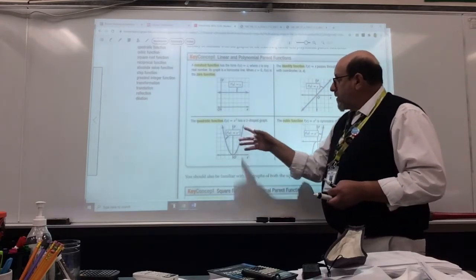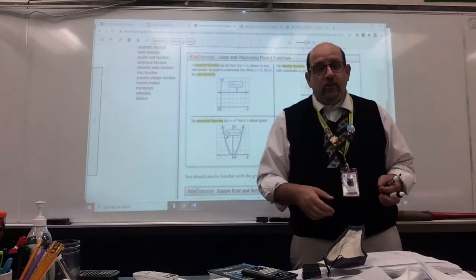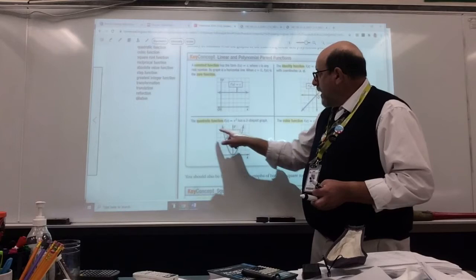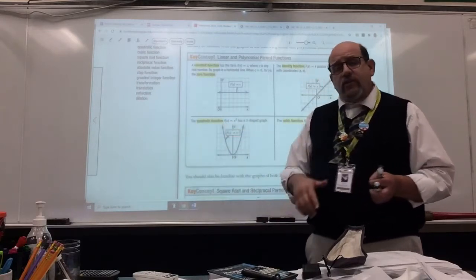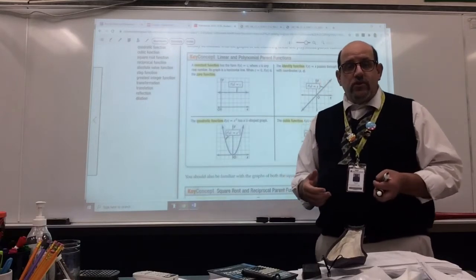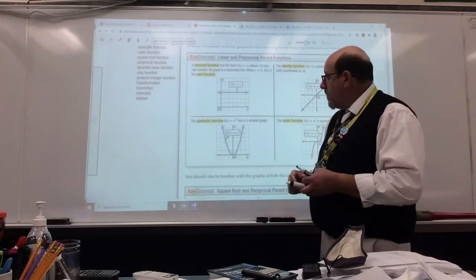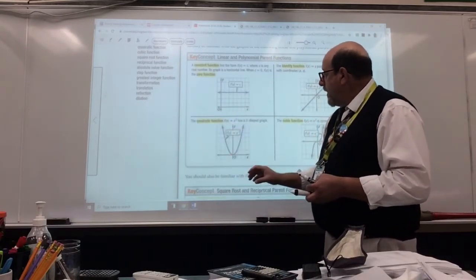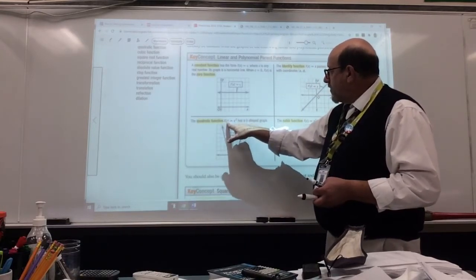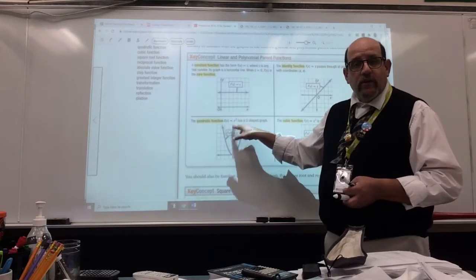The third one we've been talking about a lot this year. We've been talking a lot about the parabola, right? And it's called a quadratic function. And I've tried to use the language, and you too should try and use the language. A quadratic function, and its parent function is just f of x equals x squared, okay?